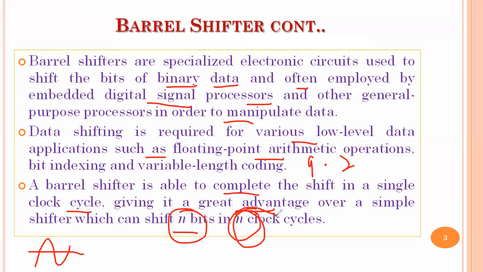So in a barrel shifter, if the clock cycle is 1 second, a word of any size can be shifted by a specified number of bits in 1 second, one clock cycle. Whereas in a simple shifter, transferring n bits takes n clock cycles. Clear?